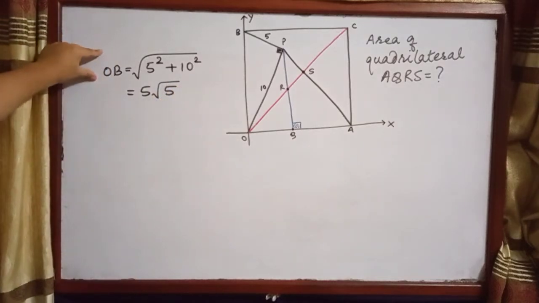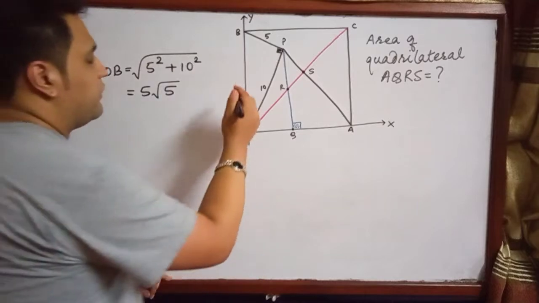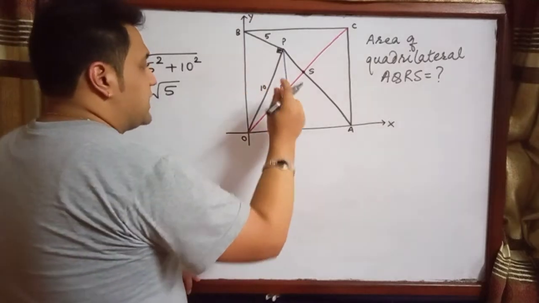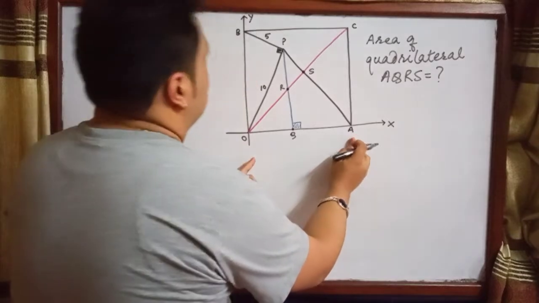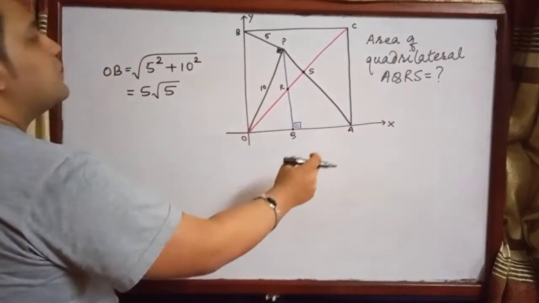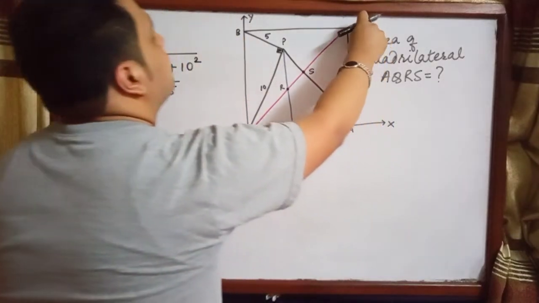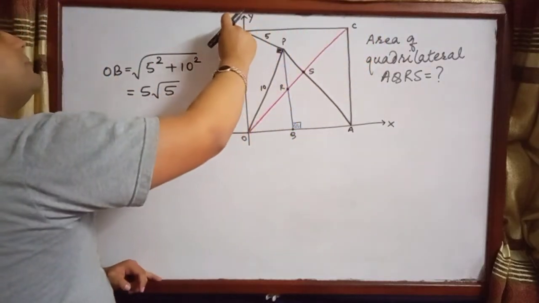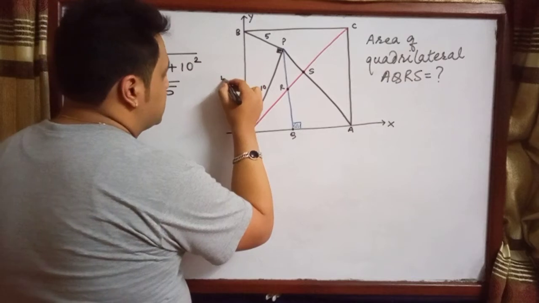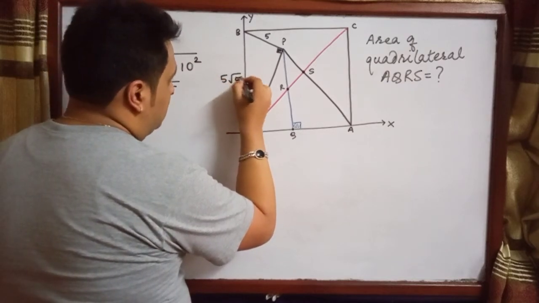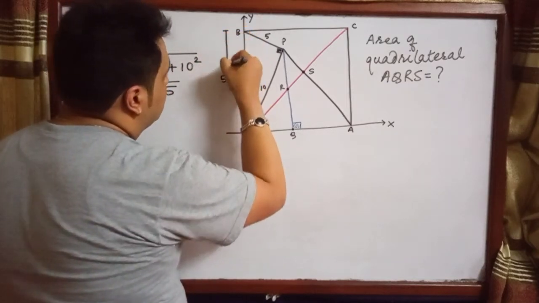So the length OB is 5 root 5, and since this is a square, OA is equal to 5 root 5, AC is equal to 5 root 5, and BC is equal to 5 root 5, like this.